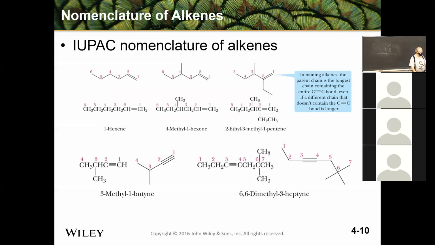Okay, an alkyne will end in yne. Again, the triple bond takes priority over the methyl. So the triple bond in this case is between 1 and 2. So this is 3-methyl, 1-butyne.